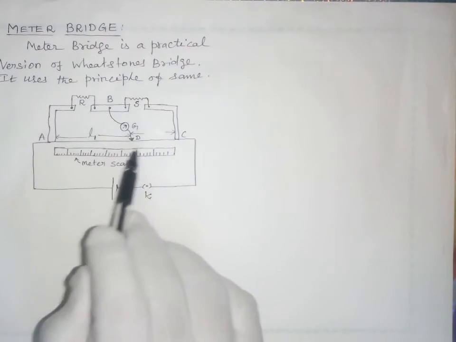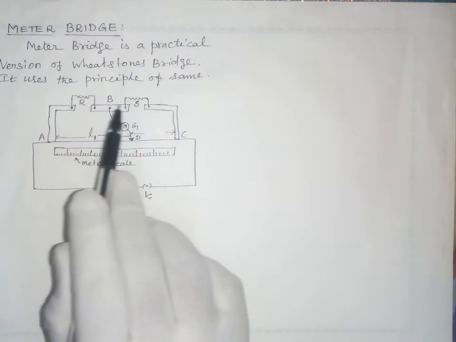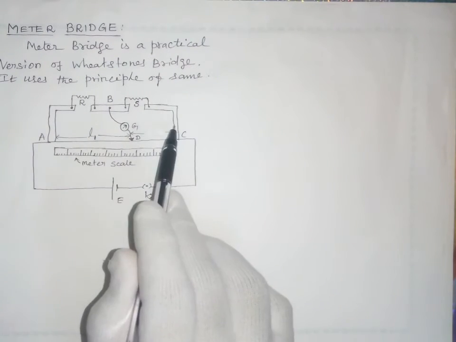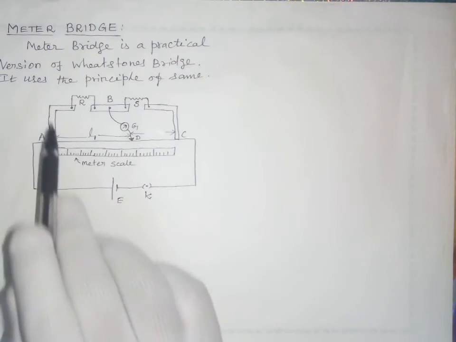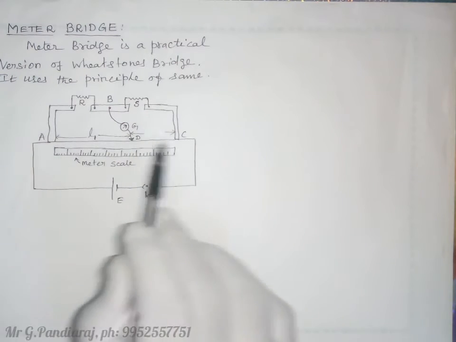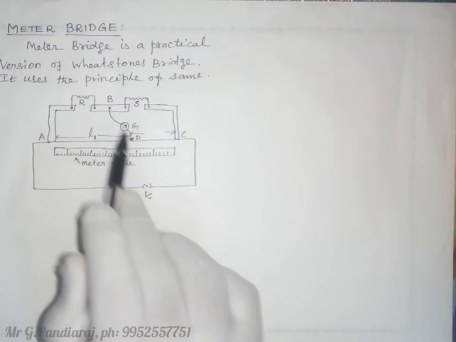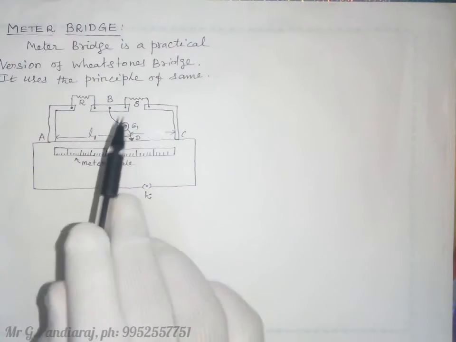This arrangement makes the Wheatstone bridge circuit, A, B, C, D. Here AC is the battery arm and BD is the galvanometer arm, through which current can flow.